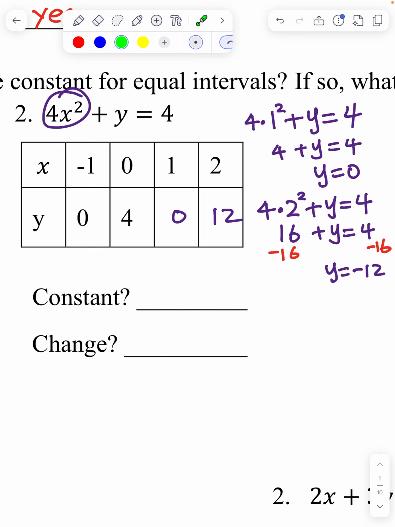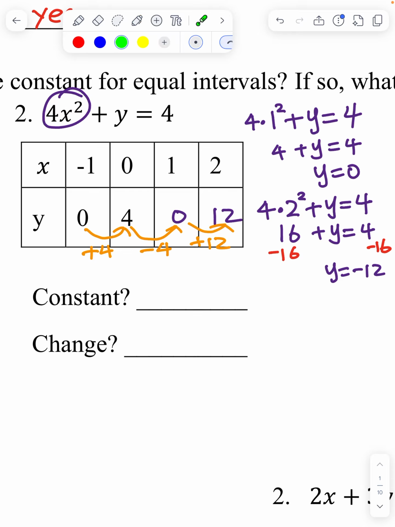Okay, let's check the change. The top are the same. Negative 1, add 1 equal to 0. Add 1, add 1. Let's take a look at the bottom. The bottom is weird. From 0 to 4, you have to add 4. But from 4 to 0, you have to subtract 4. From 0 to 12, you have to add 12.